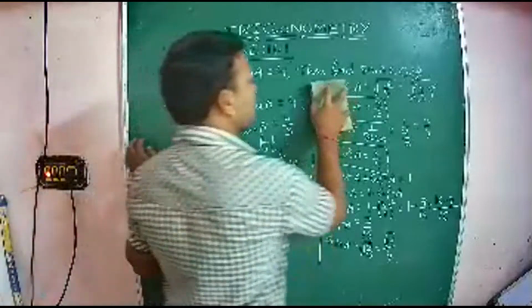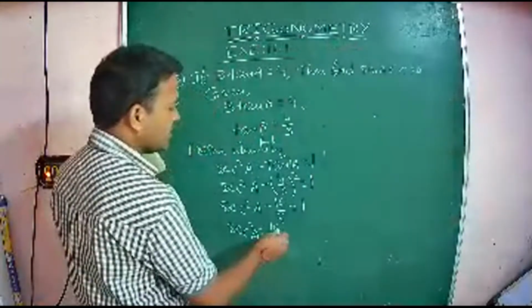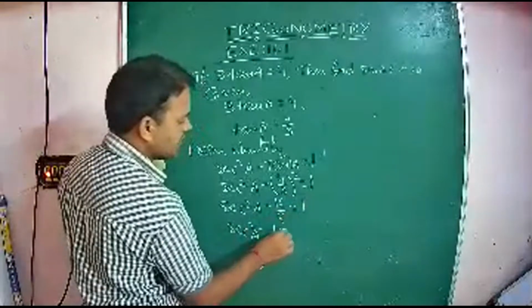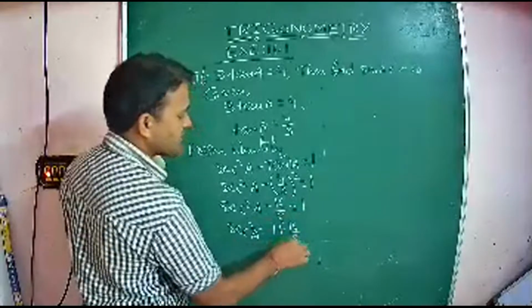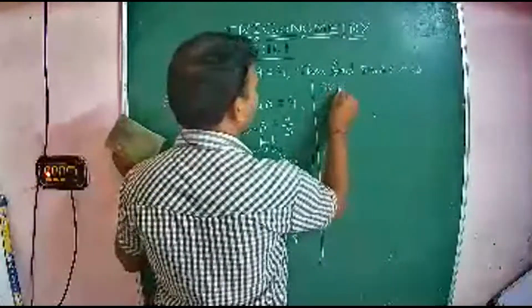Okay, I'll rectify this. Actually here, if it is minus 16 by 9, when you send that side it becomes plus 16 by 9. Okay, small mistake. See here, I'll continue this.